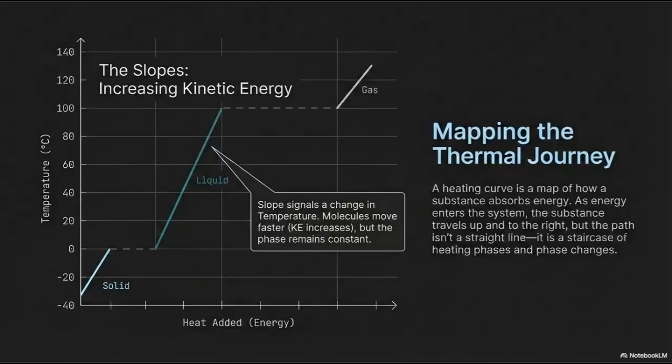So 1, 2, 3, 4, 5 regions. 3 of those have kinetic energy, only 2 have potential energy. So the heat is going to be calculated in 2 different ways. One way when it's going up, and another way when it's constant temperature.